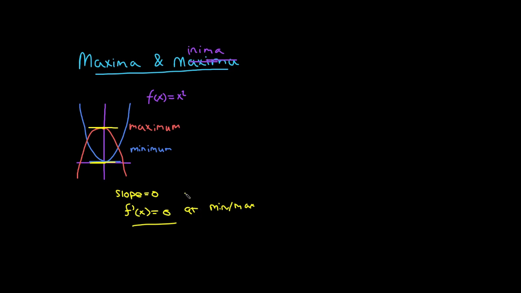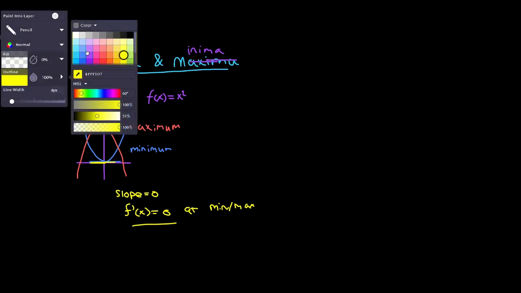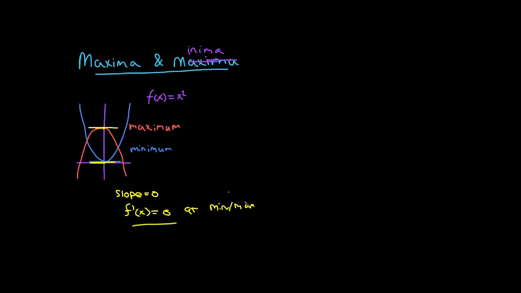All right, so let's try this with an example. Let's try to find the extreme values. The minima and maxima are also collectively called the extreme values. Let's try to find the extreme values of, well, it's not going to be as easy as x squared, so we'll do x cubed minus 12x. First of all, we have to find its derivative.